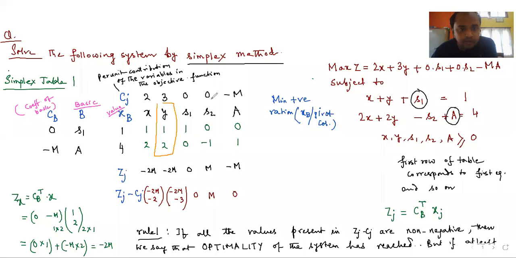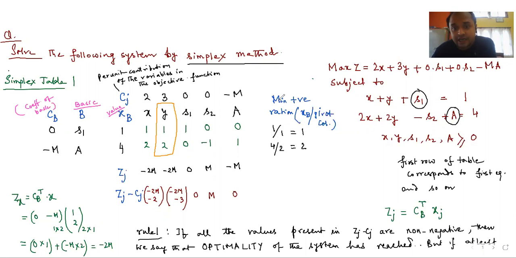Okay. Now I'm going to divide each and every element present in XB by the corresponding value of the pivot column. So let us try to do it. The first value of XB is 1. It will be divided by the pivot column value, which is 1, which is equal to 1. And the second value is 4, which will be divided by the corresponding value of the pivot column, which is 2.